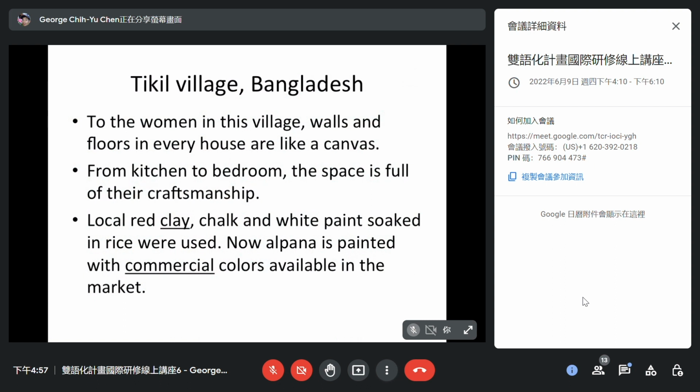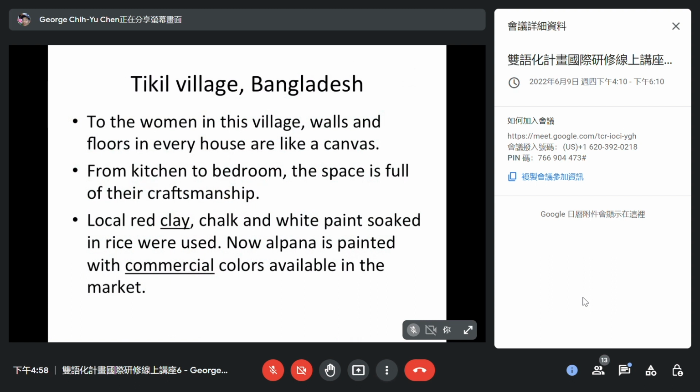In this village, women use the walls and floors like a canvas, 当一个画布一样. So they just paint from kitchen to bedroom. So the space is full of their craftsmanship.